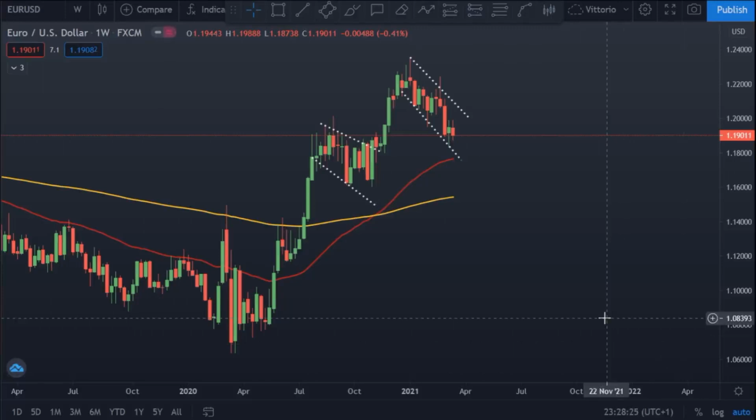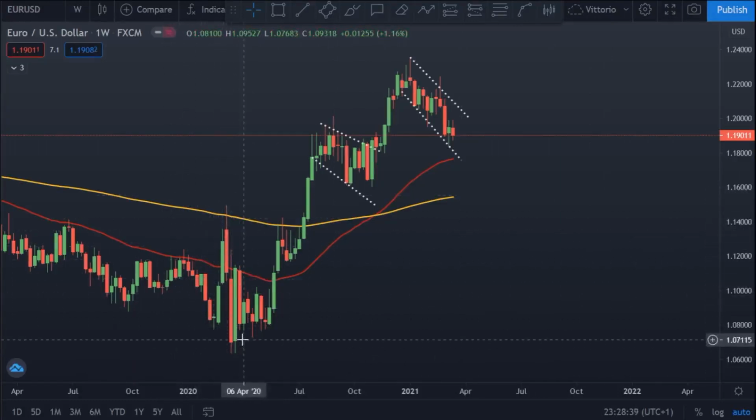So I just would like to start by looking at the weekly time frame just to get an idea of what has happened in the last 12 months on Euro US dollar. So as you can see, with the exception of all this noise during the pandemic, after, let's say from March and April, the Euro US dollar has been on a clear uptrend.